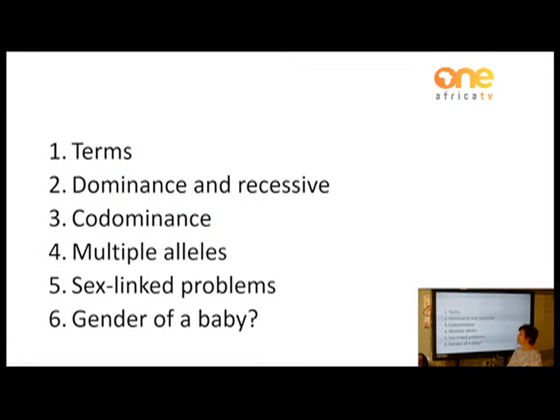We are going to look at a few of the terms that are important: dominant and recessive alleles in a gene, codominance alleles, multiple alleles, the sex-linked problems, and then what is the gender of a baby. That is a short revision so that you can see whether you do follow the work or not.